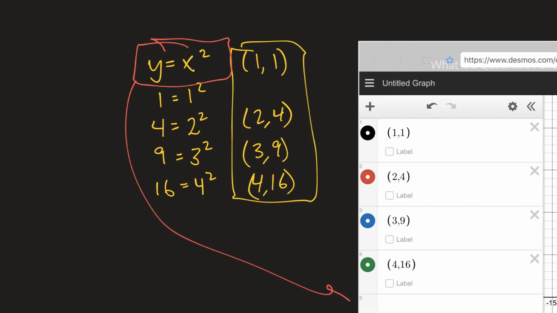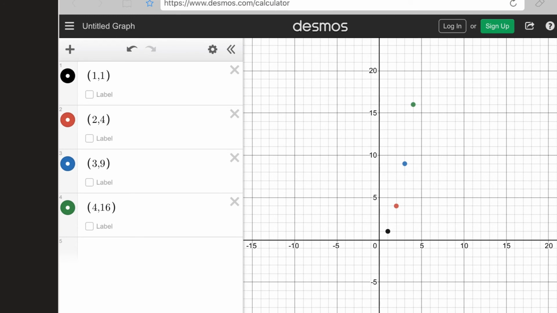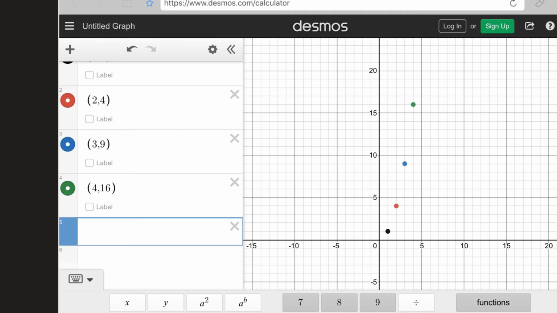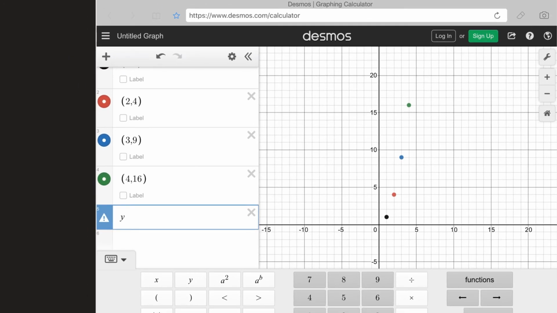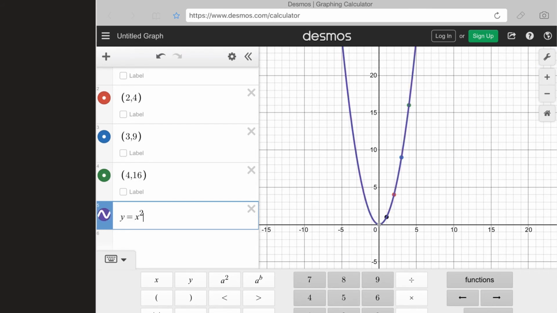If I type that into Desmos over here, which I'm about to do, so y is equal to x squared. Hey, there it is. That line goes right through all the points exactly.